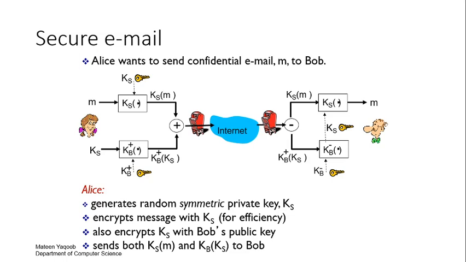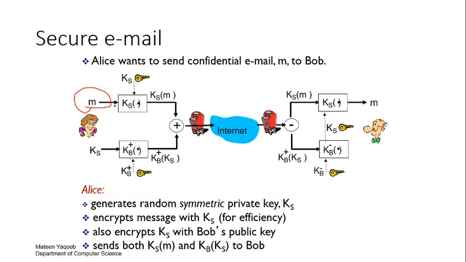Now Alice will generate, as you can see in this diagram, a way to securely transfer that email, that is, the message or the content of the email.